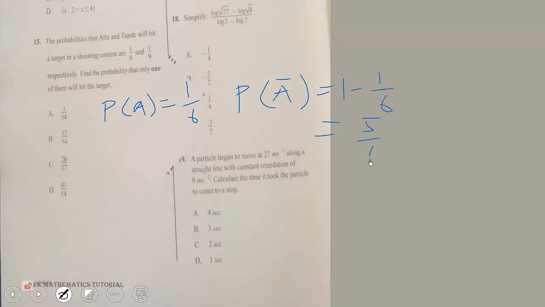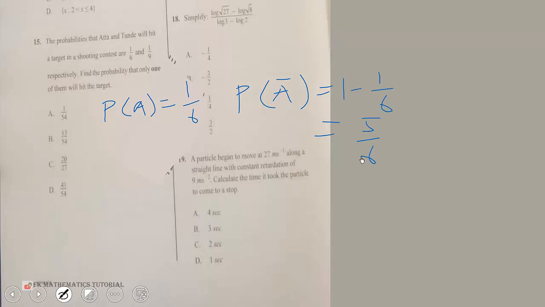Find the probability that only one of them will hit the target. So the probability that Atta hits the target is 1/6. So the probability that Atta will not hit the target is 1 minus the probability that Atta hits the target, which is equal to 5/6.